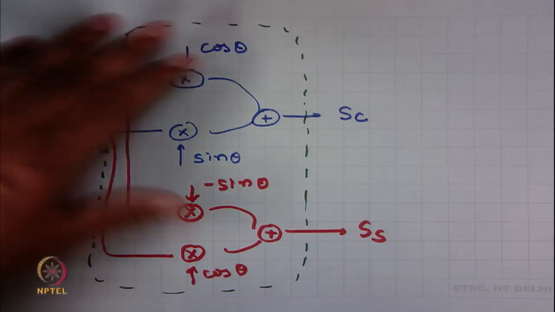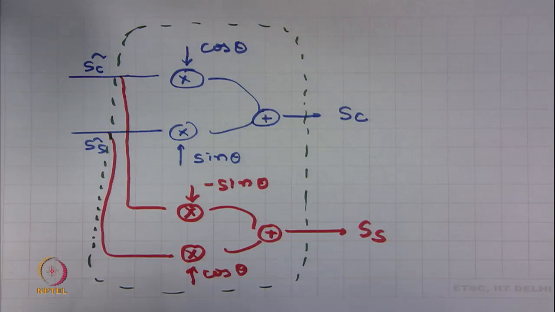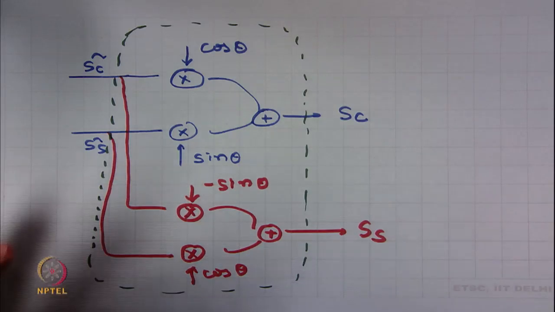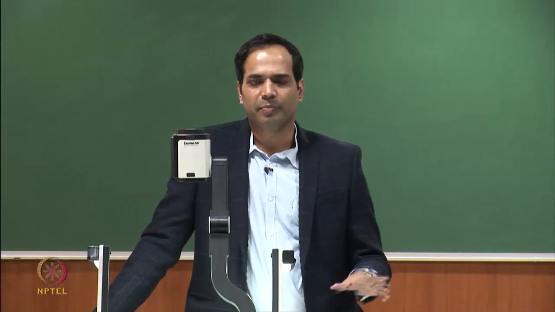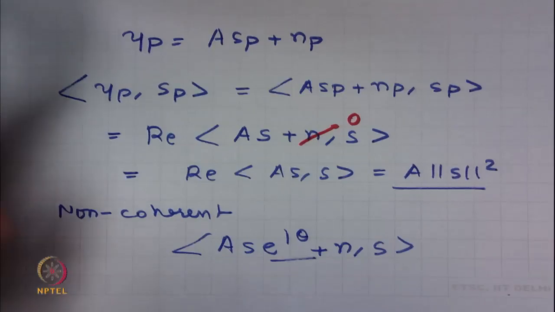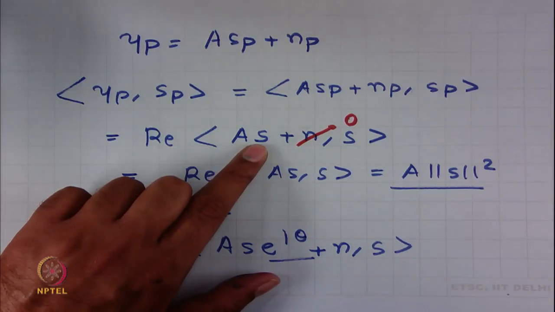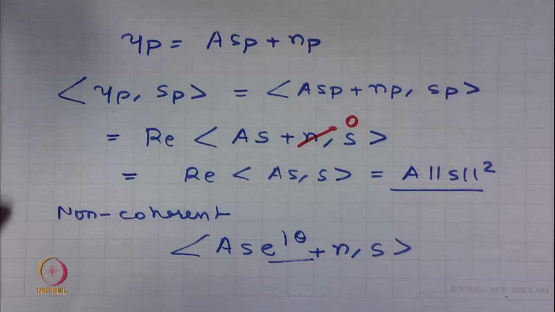So, there are no errors introduced because of a mismatch in the frequency and phase of the carrier used at the receiver and at the transmitter. A coherent receiver would employ a structure like this, and then we can assume that we are having A S instead of A S e to the power j theta, because that part has been taken care of.